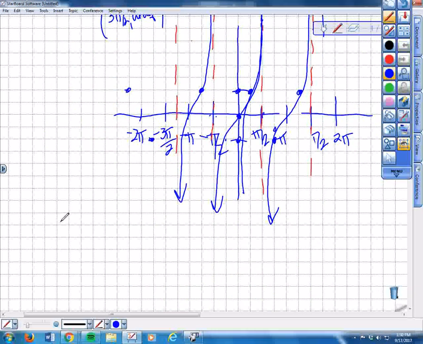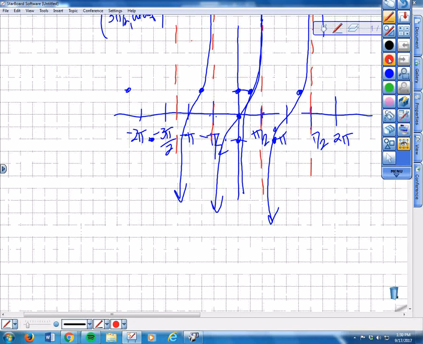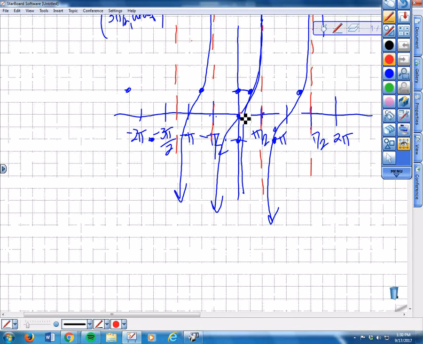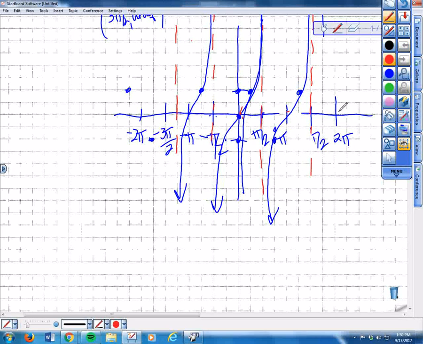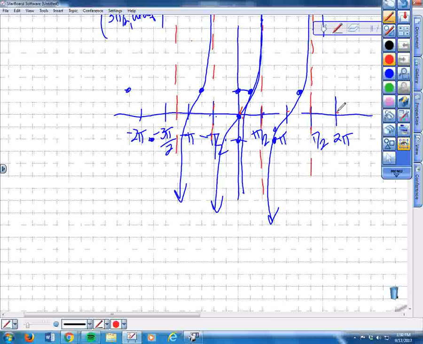And cotangent is the inverse of tangent, right? So you're going to do the exact same thing, except the asymptotes now are going to be everywhere cotangent was 0. So now the asymptotes for cotangent are here, here, here, and so on. So your asymptotes are a little different. And maybe I'll put them in black here.